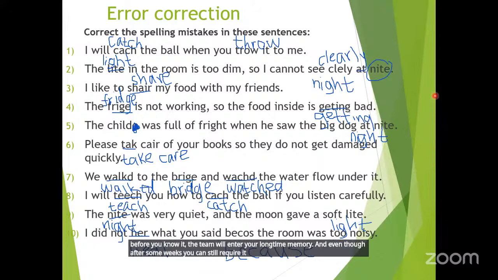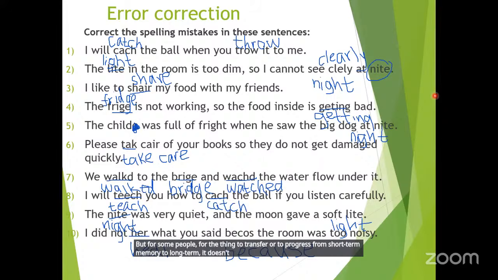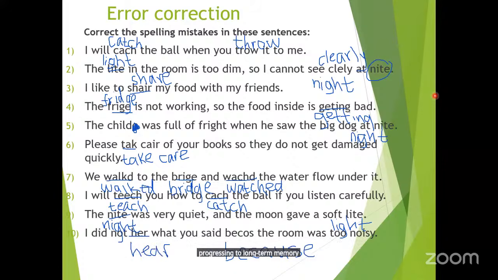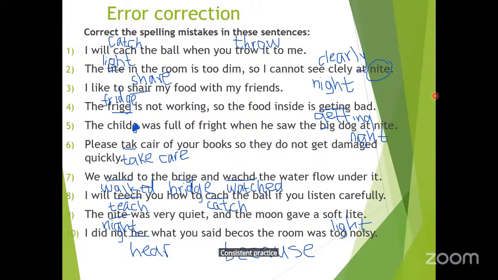But for some people, it stays in short-term memory for a long time before progressing to long-term memory. All of us have two types of memory in our brain. So for you to transfer what you've learned to your long-term memory, you need to practice consistently. That's how we can achieve that.